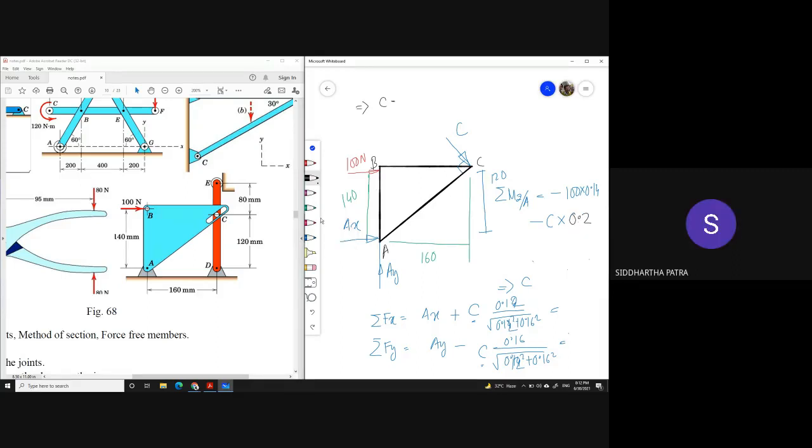And over here it is 0.6. So how much is the value of C?